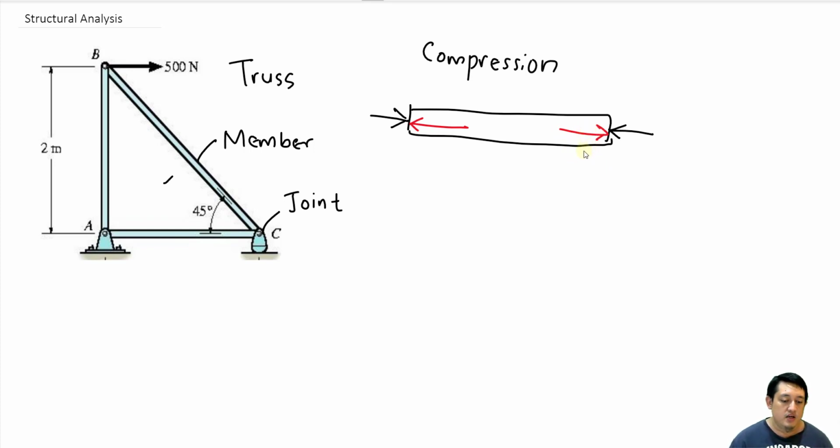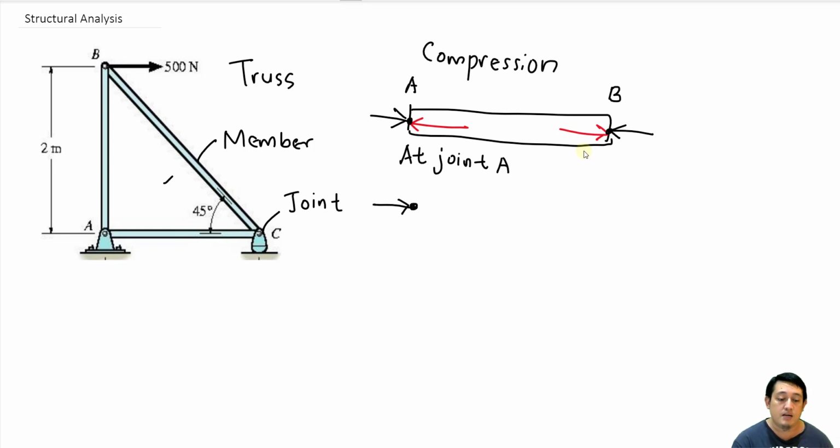If we try to label this one point A, and this one point B, and we draw the free body diagram at joint A, this is our external force.